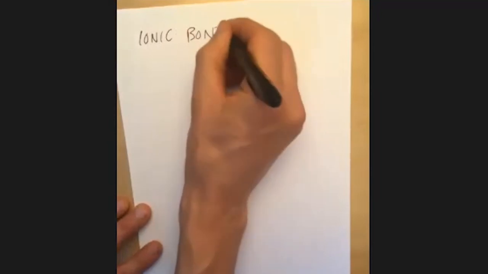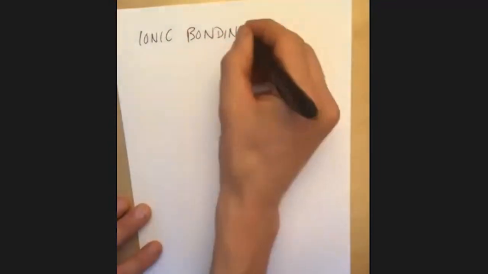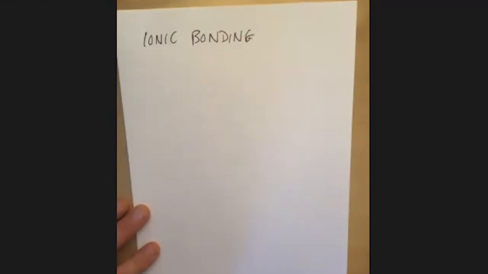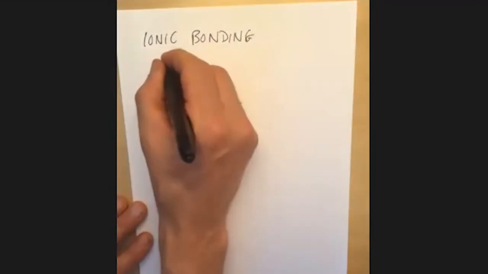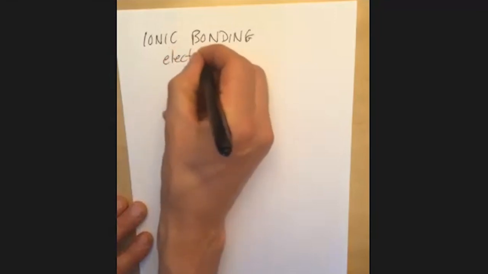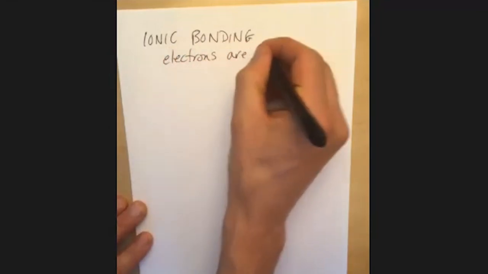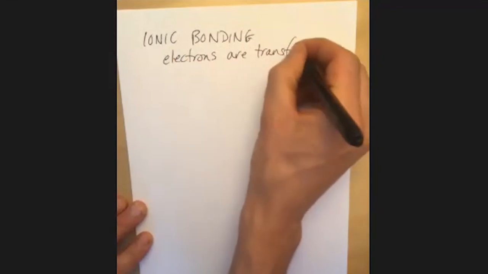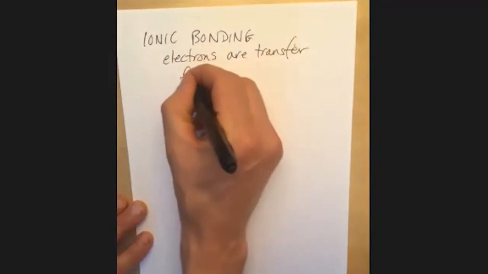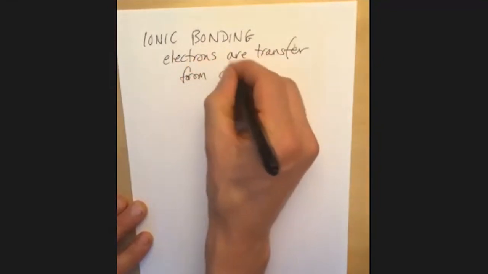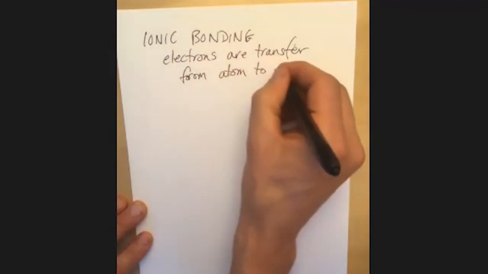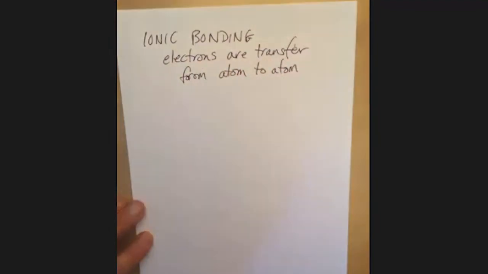Ionic bonding is, rather than electrons being shared, electrons are transferred from atom to atom.